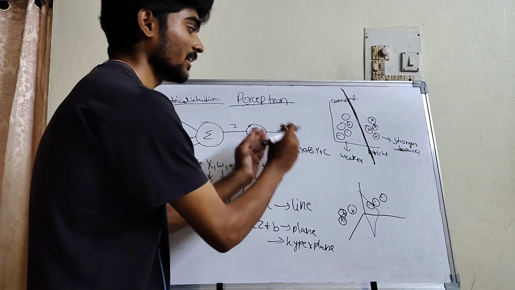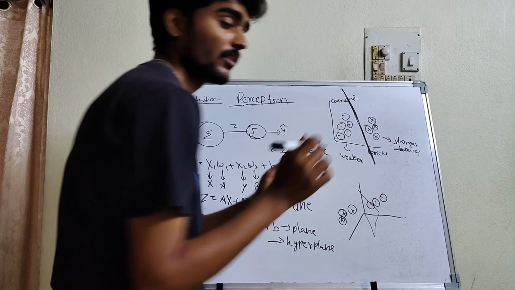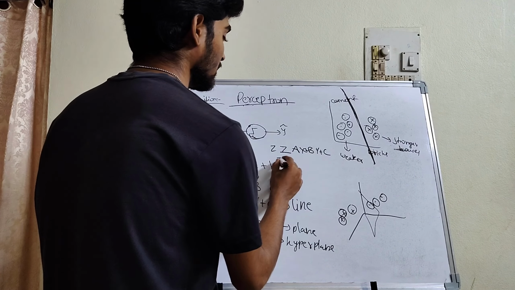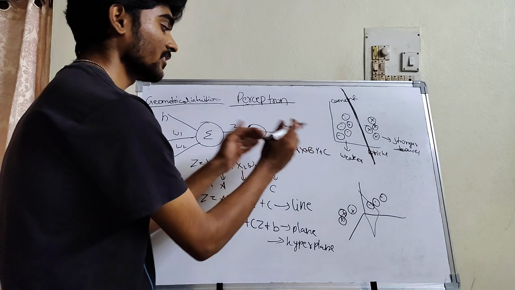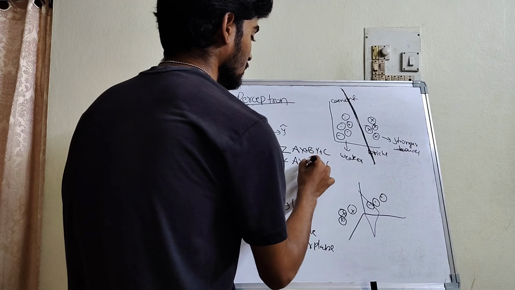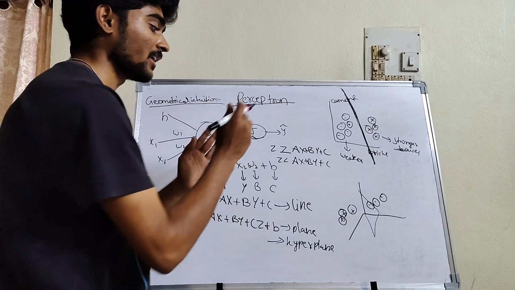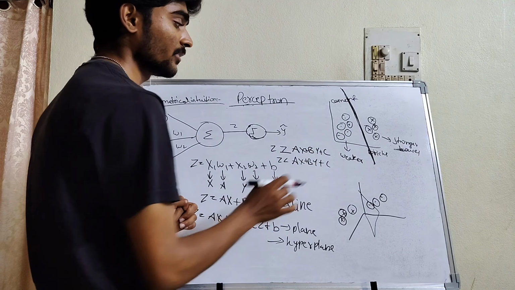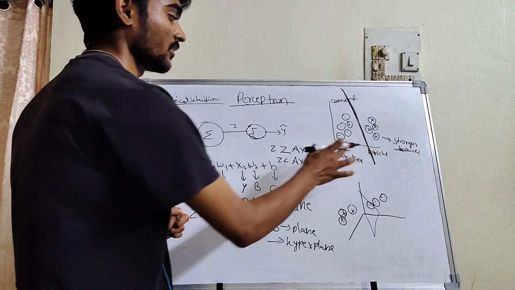Means when your new calculated z value falls in this region, it is classified into stronger houses. Means this is one class. Another is when your z value is less than this line, ax plus by plus c. Means when your calculated z value is below this line, it falls into another class. Means the weaker houses class.